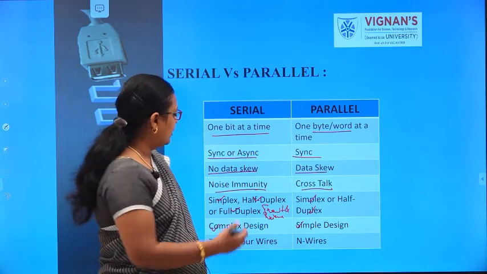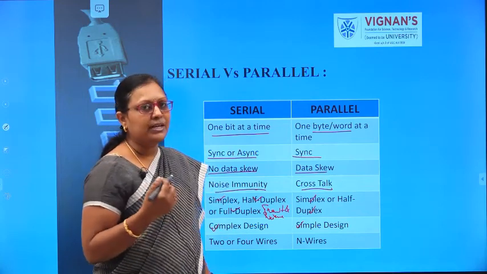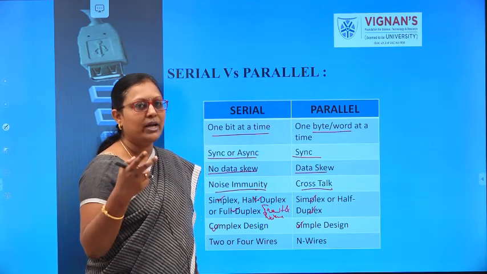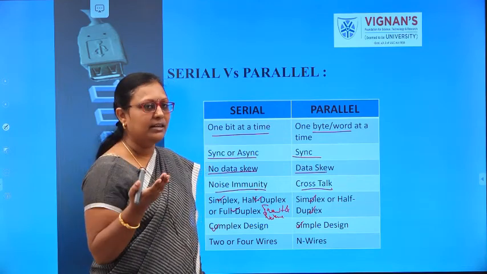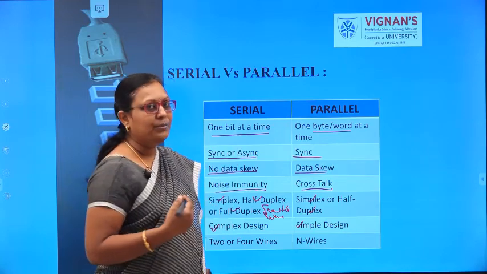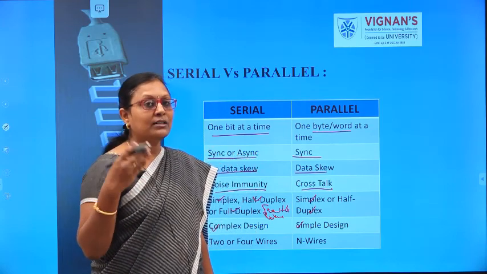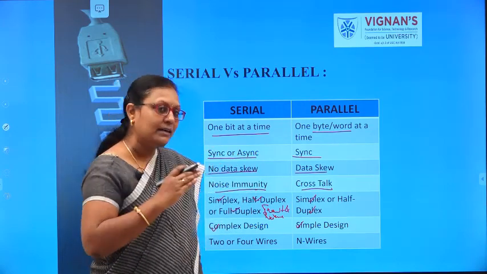Clear? Regarding the number of wires, 1 or 2 lines, or nearly 4 lines, is more than enough for serial communication. For parallel communication, n wires are needed, n being the number of bits you are transmitting.